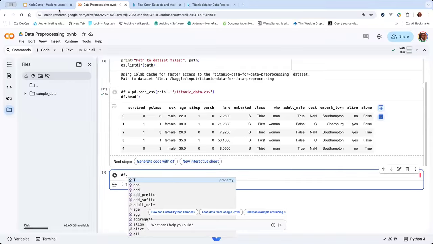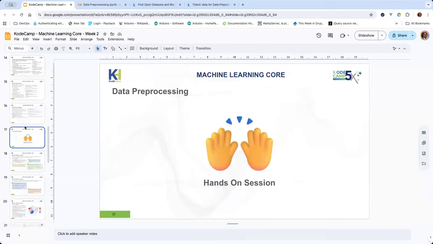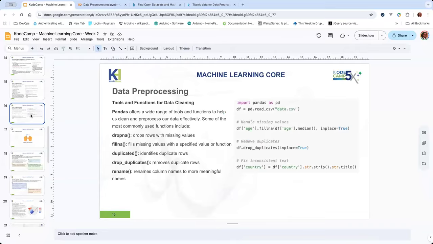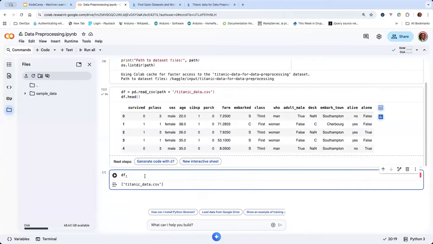If we want to view, remember some of the commands that I gave that you can use. If you want to know the columns that have no entry in them, you can use NA. So let's just print out the whole data frame.